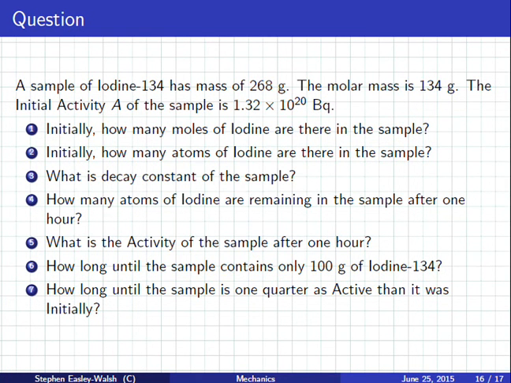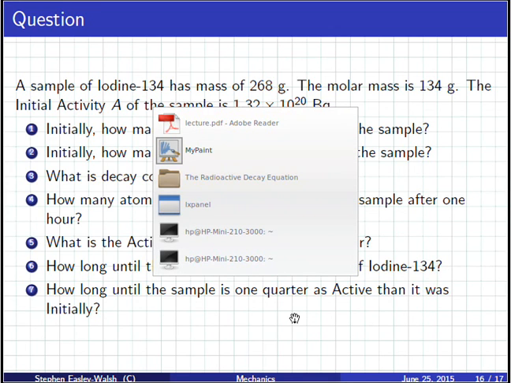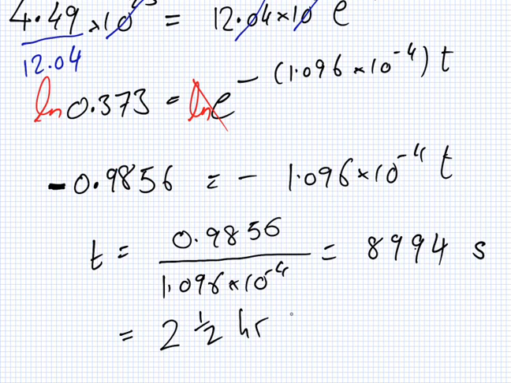And finally, how long until the sample is 1/4 as active as it was initially? So how long until the activity is 1/4 the initial activity? Okay. So you have A equals A0 e to the minus lambda t this time.